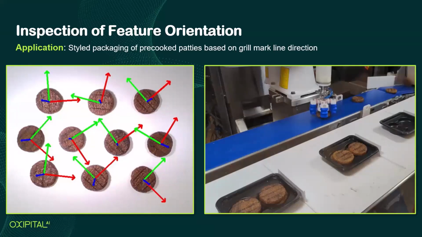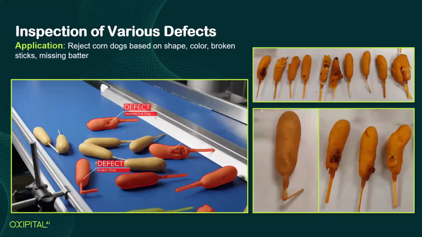They get formed into their shape, they go through a grilling process, get frozen, and then they go into a package. Throughout this journey, they have a tendency to become jumbled and chaotic before getting packaged. With our AI-enabled vision solution, we can identify features such as grill marks, even when they're barely visible to the human eye, to ensure a styled packout.